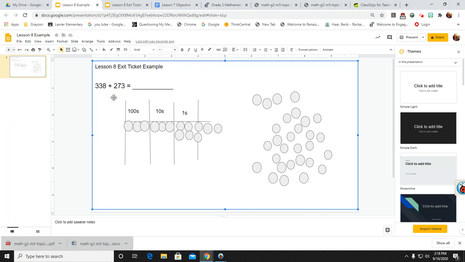Now I'm going to model 273, but my place value disks, my circles, are going to be the same color. So I'm going to go down a little.